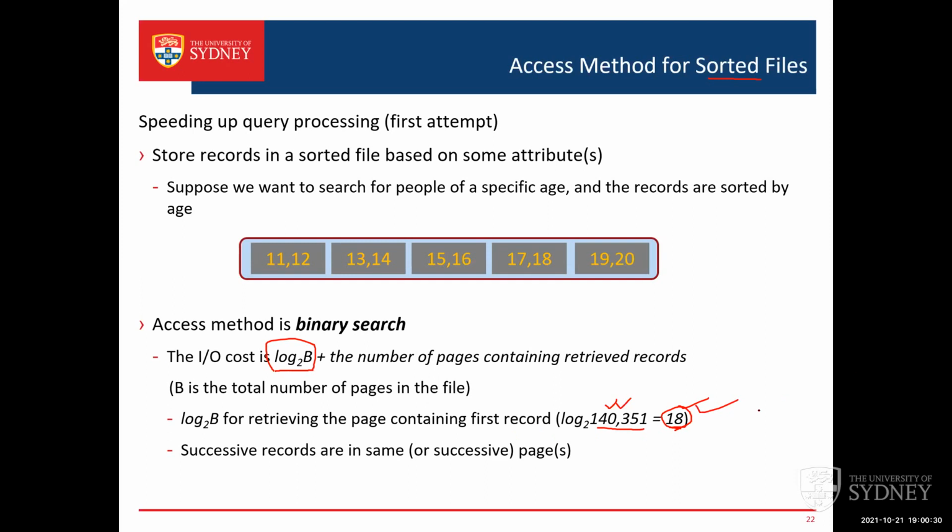Someone is asking, can you give us an example of the IO cost? So this is the IO cost that I need. I need to transfer 18 pages. Previously we needed this many pages, but right now 18 is the IO cost I need for binary search where I have this many pages.